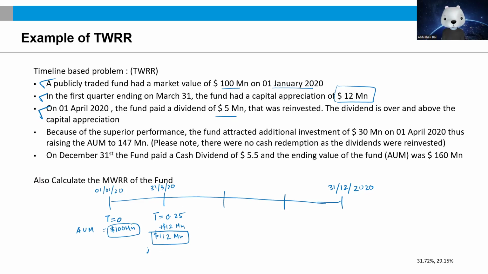So there was a dividend of 5 million, effectively taking the capital to 117 million.